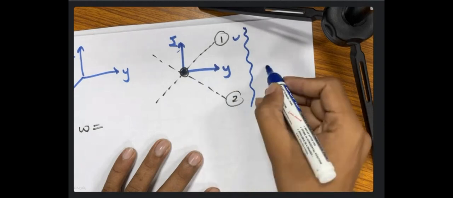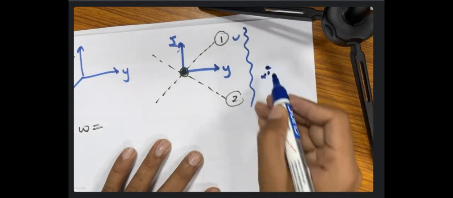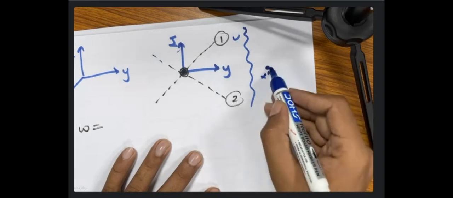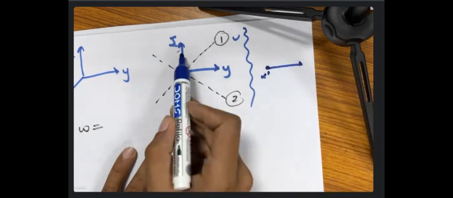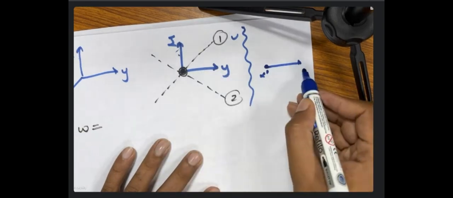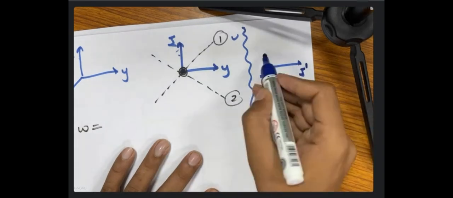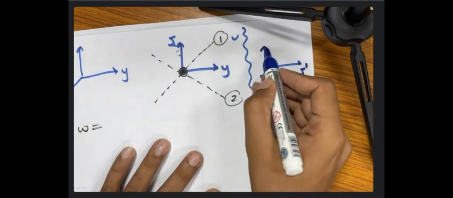So this is x dash. While the z and y are going to change their position, so z will come to the y position. So it will be the z dash, and this will be the y dash.